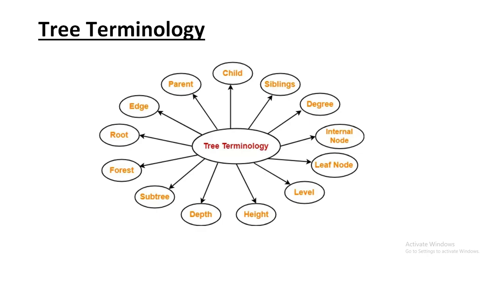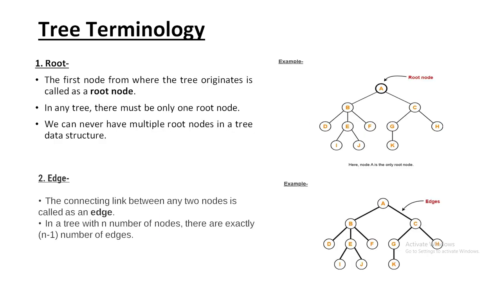Height means the longest path from the root to the last node. Depth is also similar to the height. Forest means more trees represented as a number of trees in a single plane is called a forest. Edge is the connection between the parent and the child. Root is the only one element of a tree.